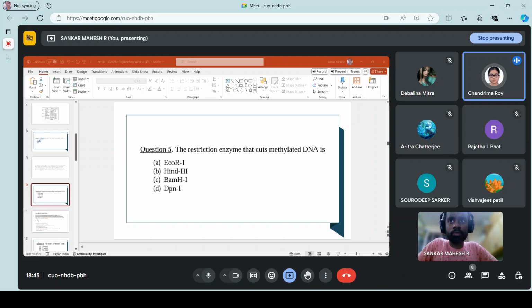It is DpnI. Why did you choose this? Because the above three follow the restriction-methylase system, so they will not be cutting those methylated DNA.